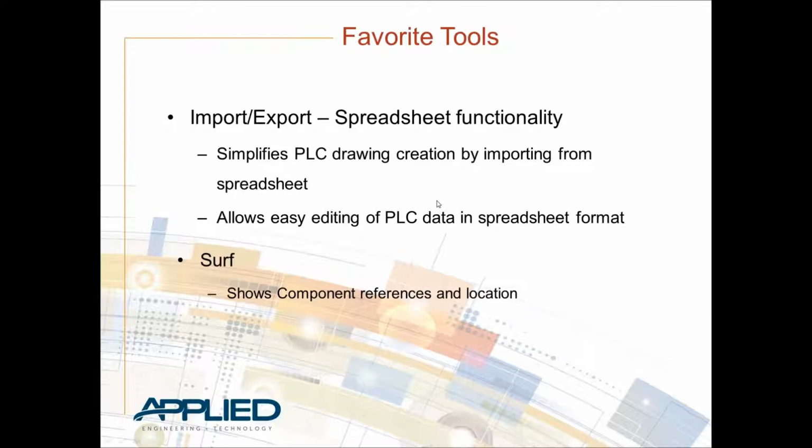There's the ability to import and export data from the spreadsheet, so you can build your PLC circuitry offline, if you will, to AutoCAD Electrical and generate your drawings from that. You also have the ability to export that out to PLC format, so you could reuse that on another project, for example.